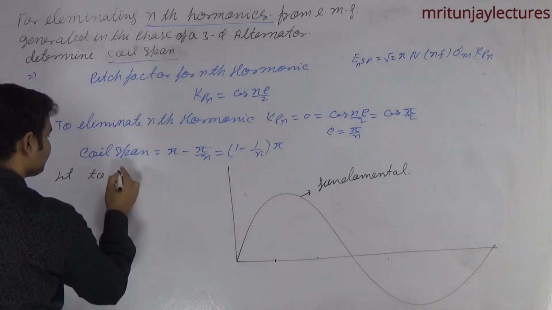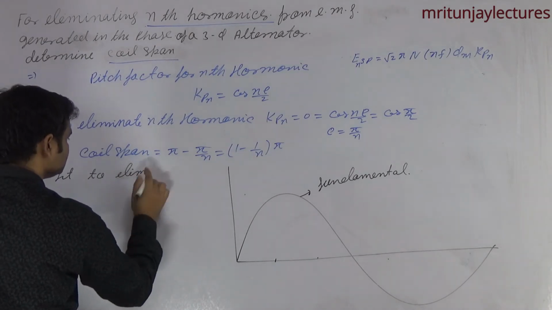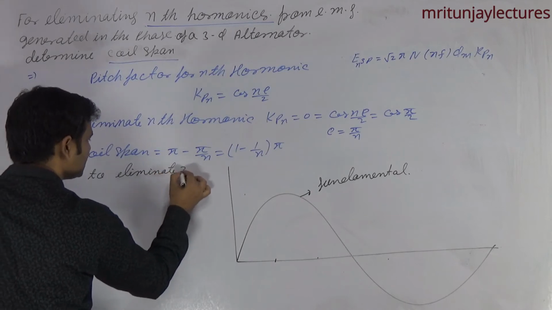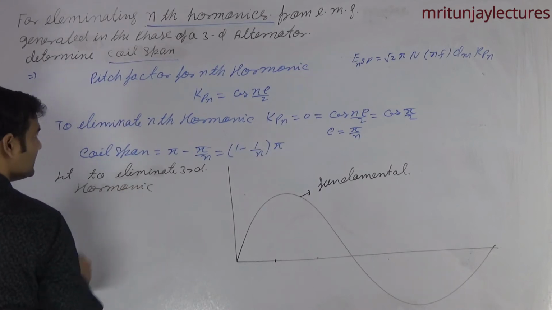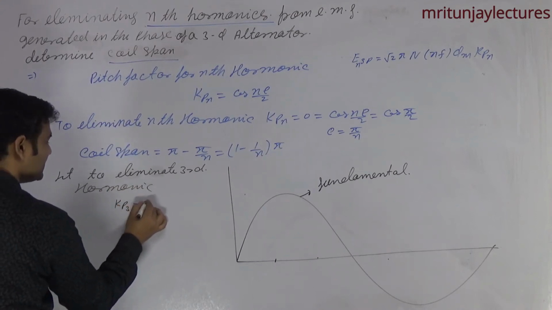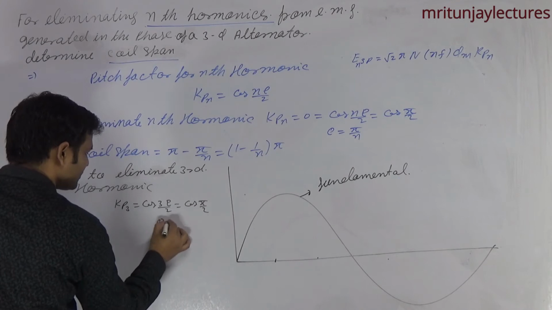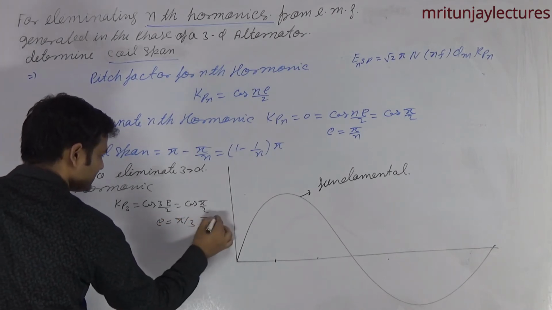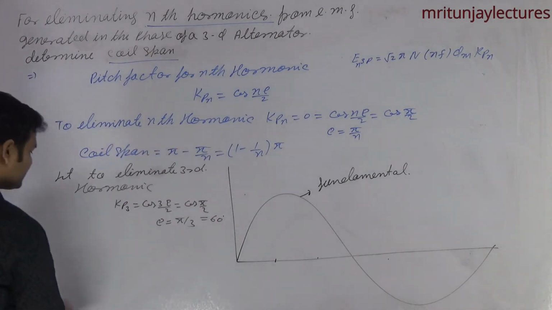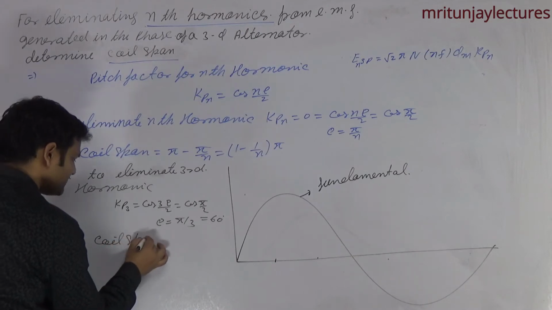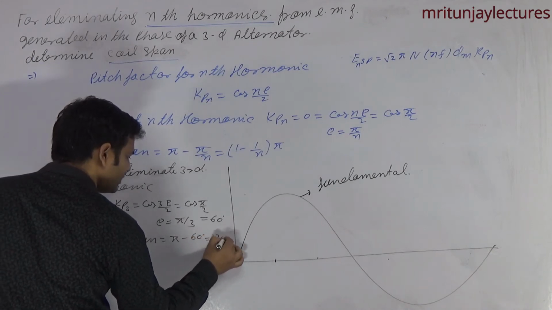Kp3 is equal to cos 3 rho by 2, which is equal to cos pi by 2. It means rho is equal to pi by 3, that is 60 degree. What about coil span? Coil span is equal to pi minus rho, that is 120.